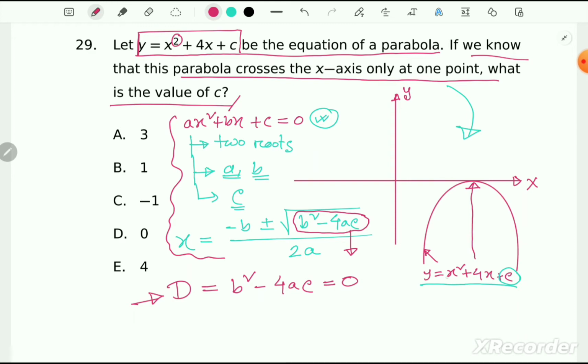And from this equation, we know a equal to 1 and b equal to 4, and c we have to find out. So let's do the calculation. b equal to 4, so 4 square minus 4, where a is 1 and c, equal to 0.